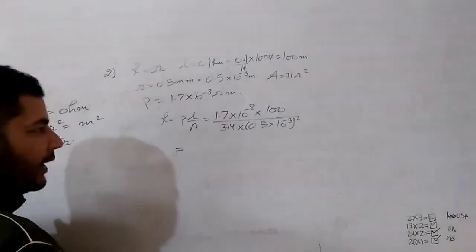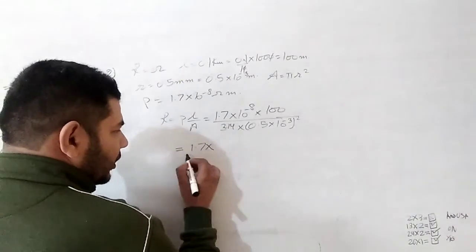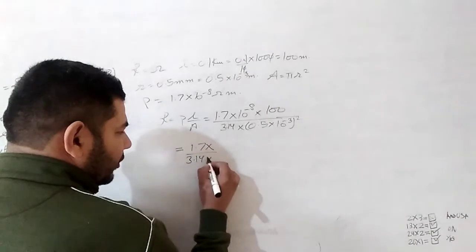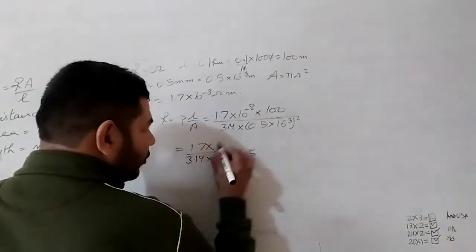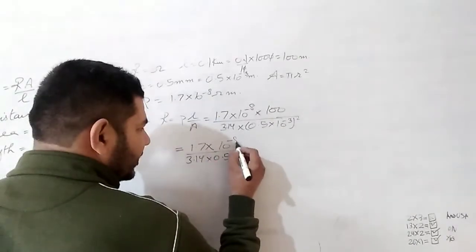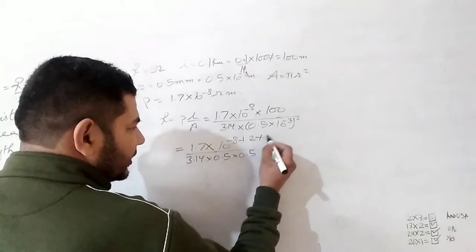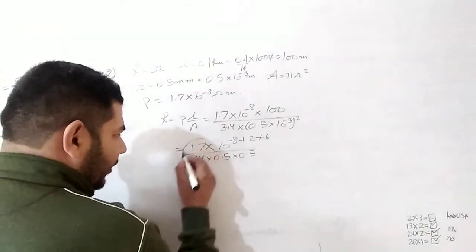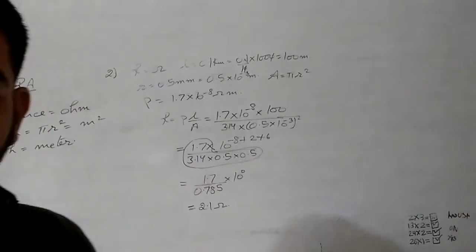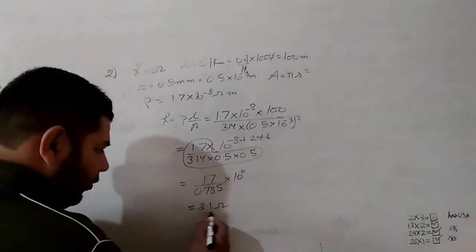First of all, for calculating this, we have to adjust the powers. 1.7 into 3.14 into 0.5 into 0.5 into 10 raised to power minus 8 plus 2 minus 6 plus 6. Doing the calculation, students, we get 2.1 ohm.